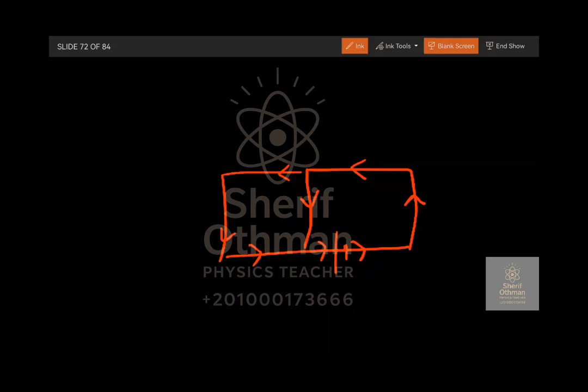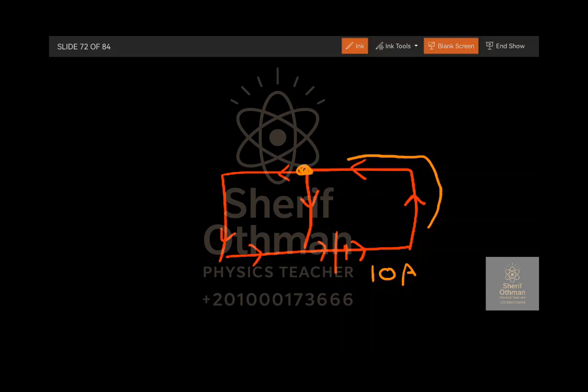If we consider that 10 amperes are produced from the circuit, all of the numbers here are for explaining. There is no basis for the numbers I'm saying. So 10 amperes will flow through the circuit to reach this joint.